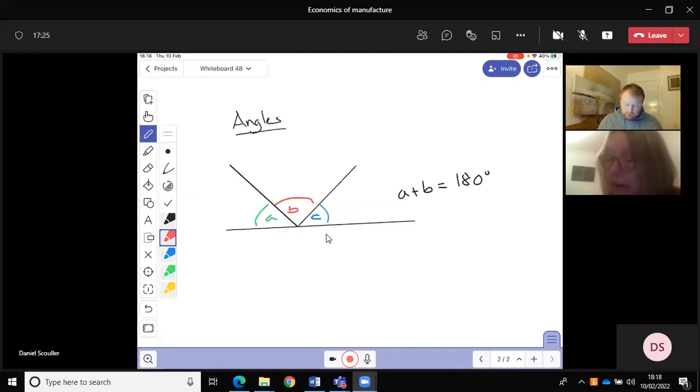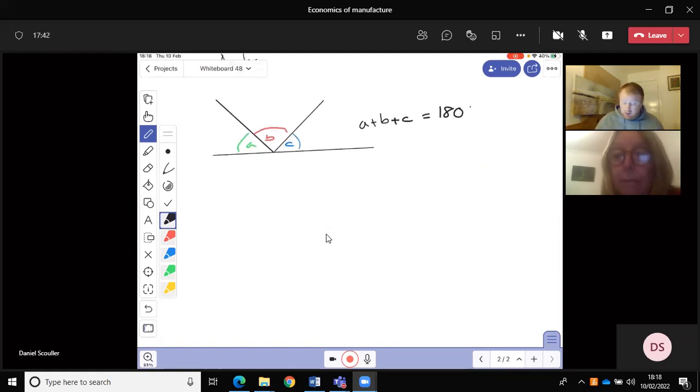A plus B plus C this time gives you your 180 degrees. Okay, so you can see that.